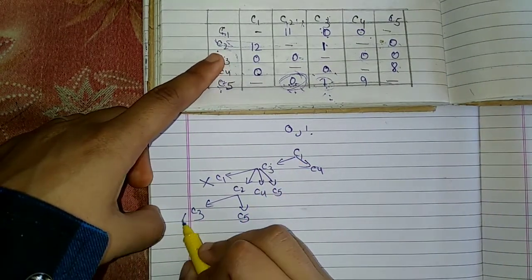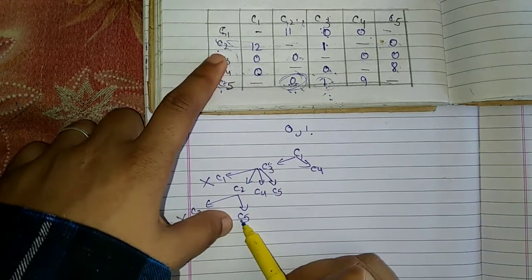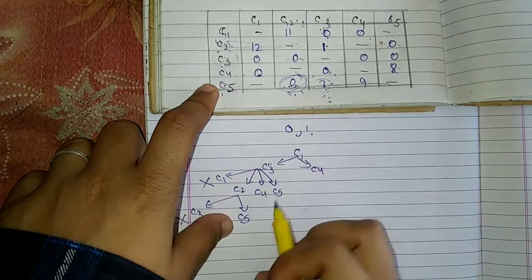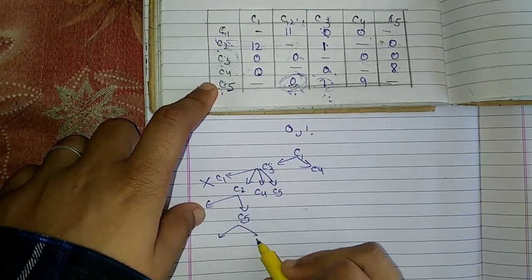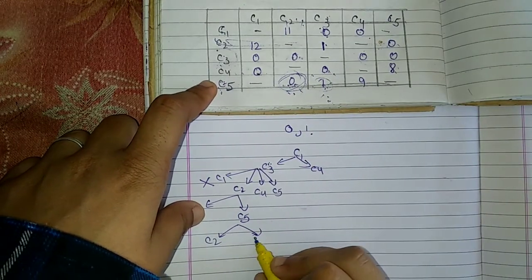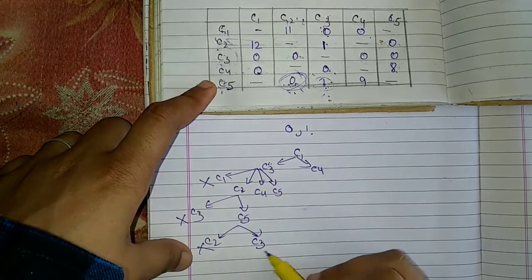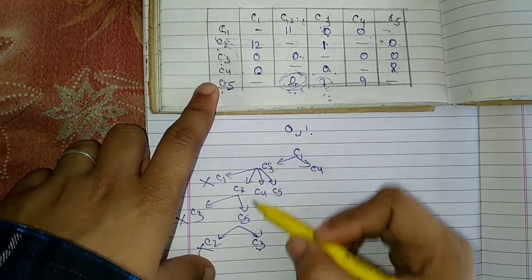Here it is unfavorable because C3 is already covered here. C5, C2 and C3. C2 is unfavorable because it is covered here. C3 is unfavorable because it is covered here.